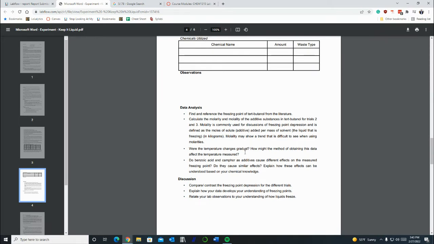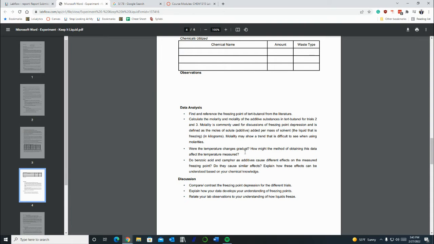Next, it's asking if the temperature changes were gradual and how might the method of obtaining our data affect the temperatures measured. So just look at your data from your LabQuest. Did the temperature change slowly, quickly, or what? And then could the fact that we used a thermocouple affect anything with the temperatures measured?